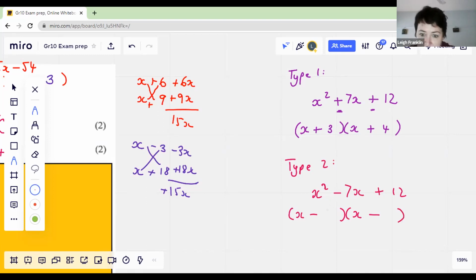In this case, it's going to be -3, -4. Again, remember we're doing the opposite of FOIL. So if we just double check our answer, x times x gives us x squared. X times -4, -3 times x, that gives us -4x minus 3x, which is our -7x in the middle. -3 times -4 is +12.